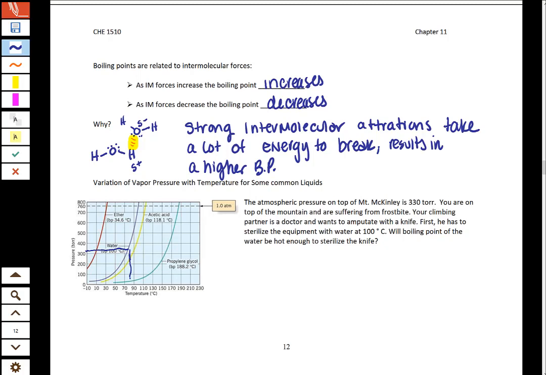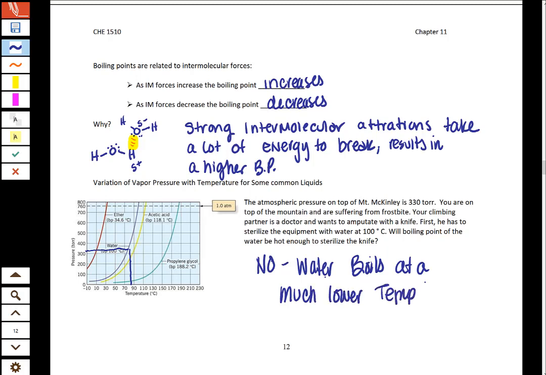That is nowhere near 100 degrees Celsius. Even with my pen not behaving, it's still like, what, 78 degrees Celsius? So no way. Water boils at a much lower temperature on the top of Mount McKinley.